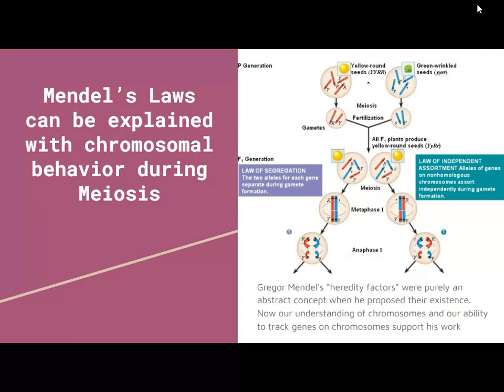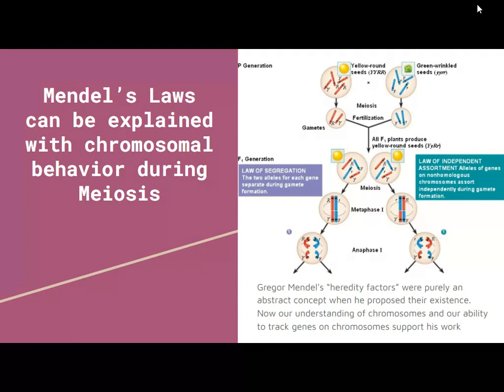The law of independent assortment: alleles of homologous chromosomes assort independently during gamete formation. It's completely random which daughter cell gets which allele from meiosis, right?